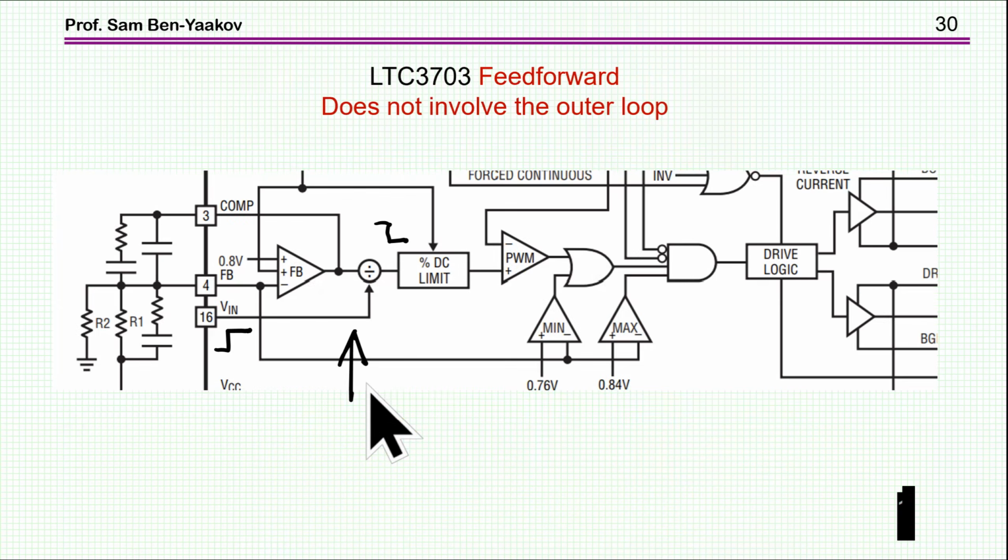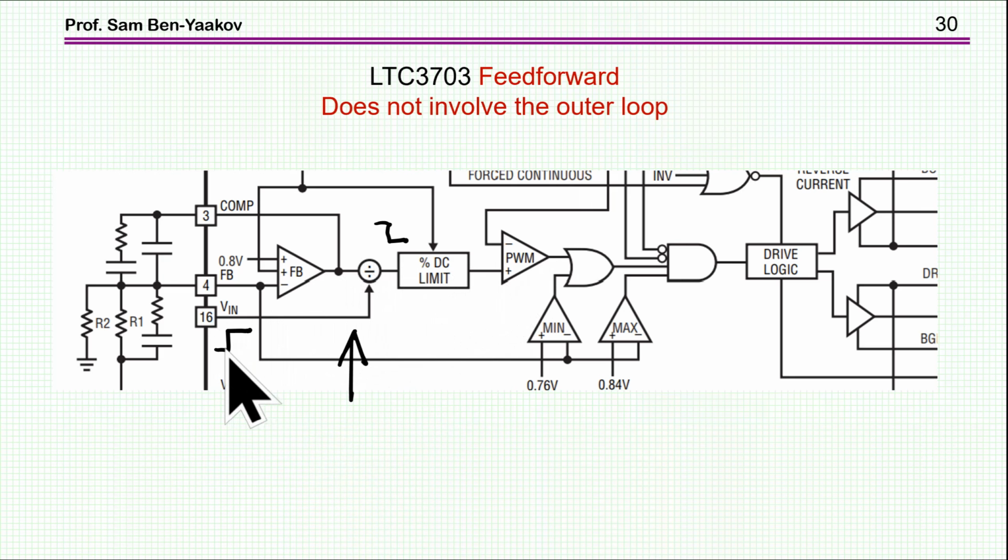And the reason is that this particular controller has a correction for the input voltage regulation. That is, it has a feed-forward path. Now, the feed-forward is done in this way: there is a sensing of the input, and then there is a divider here between the output of the error amplifier and the modulator.